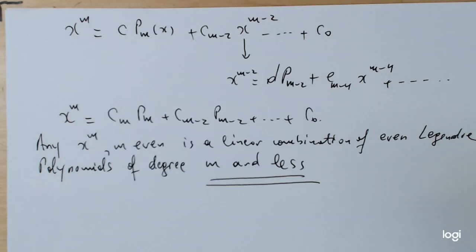And when you figure out the conclusion, how do you prove that the integral of any polynomial of degree less than n multiplied by a Legendre polynomial of degree n is equal to 0?